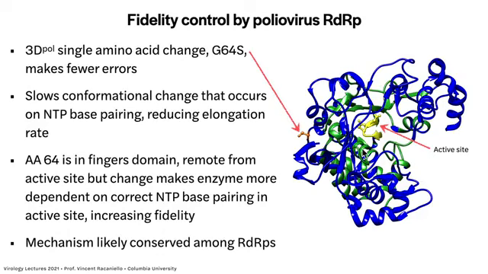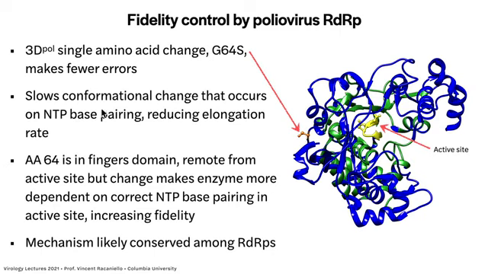Now, here is how this is controlled in the polio polymerase. So a number of years ago, a single amino acid change was identified, glycine to serine at position 64 in the polymerase. Here's the polymerase here. That's the G64S in orange, and the active site, again, is here on the right in yellow. This makes fewer errors. A single amino acid change makes a polymerase that makes fewer errors.